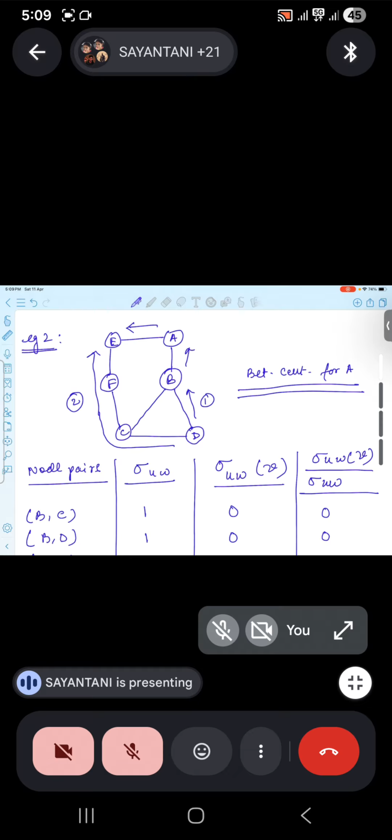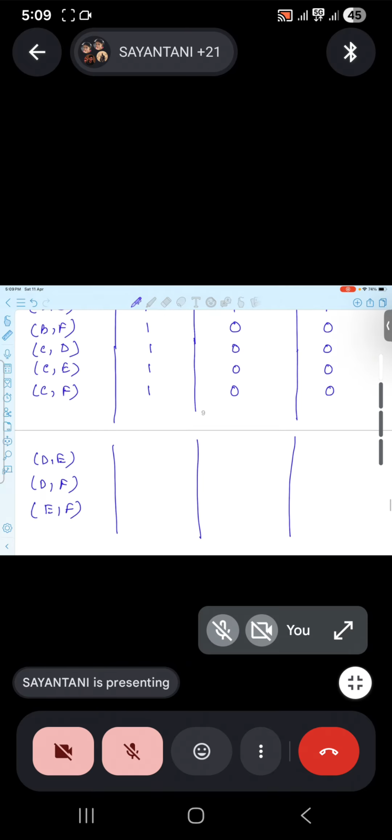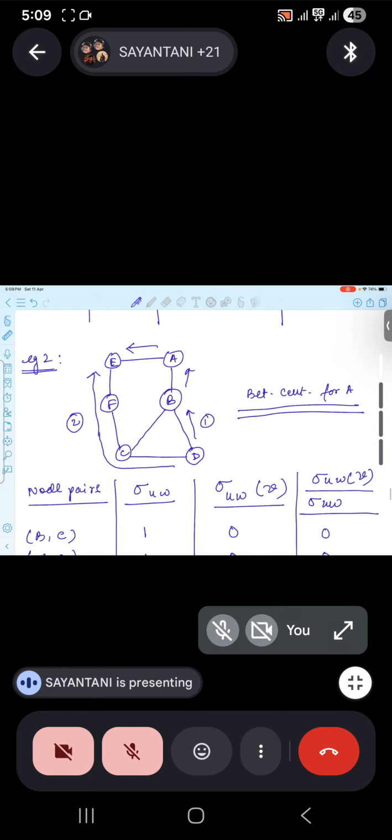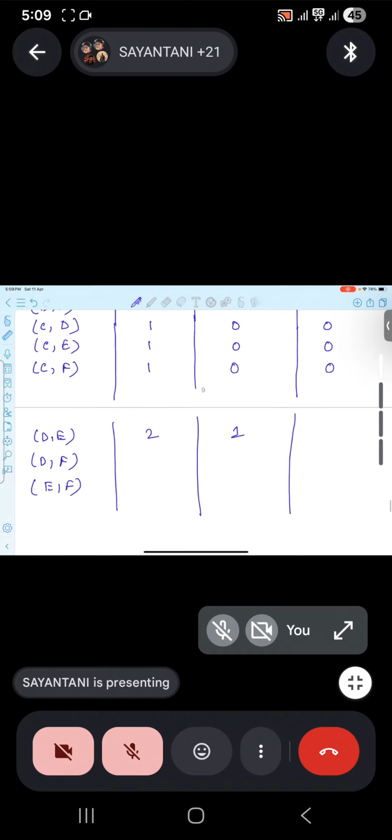So D to E you have two shortest paths. That is why I took this example, okay? How many times is it passing through A? Only once. So the ratio is 0.5, 1 by 2, right?